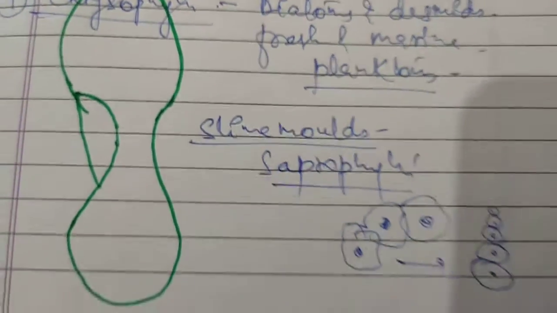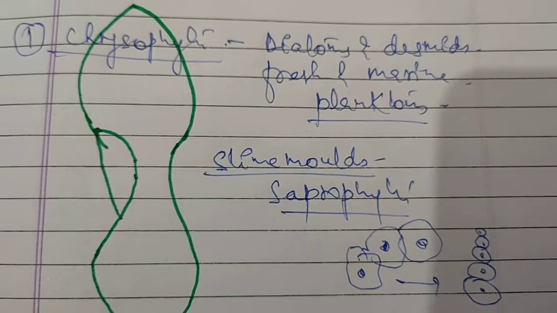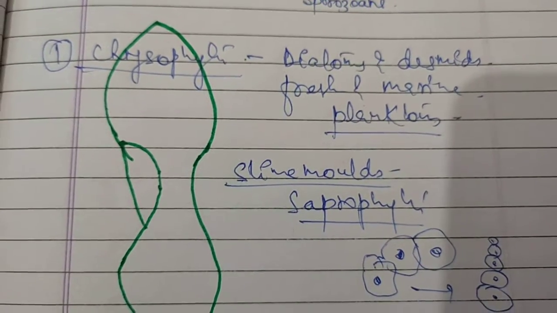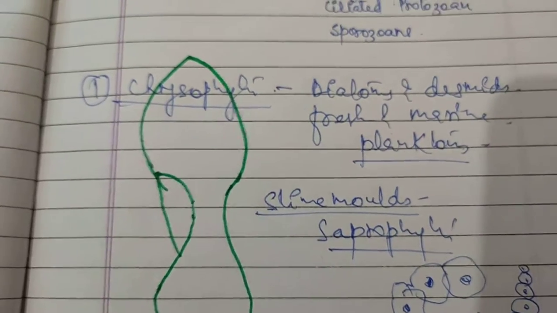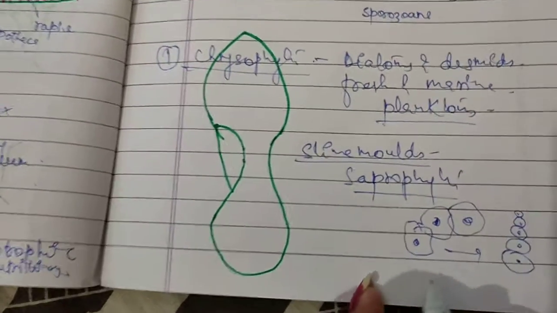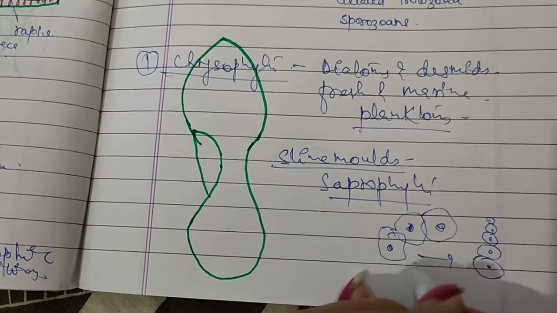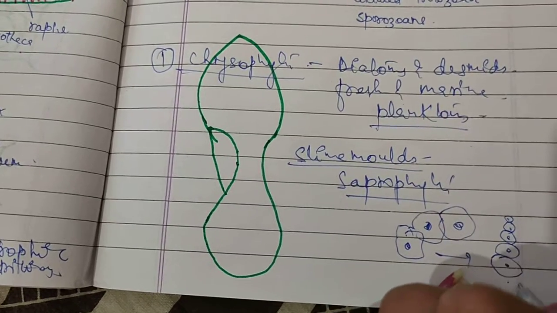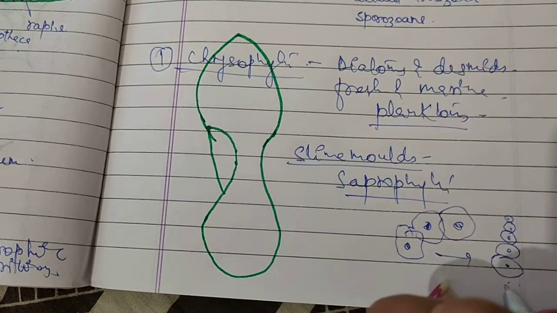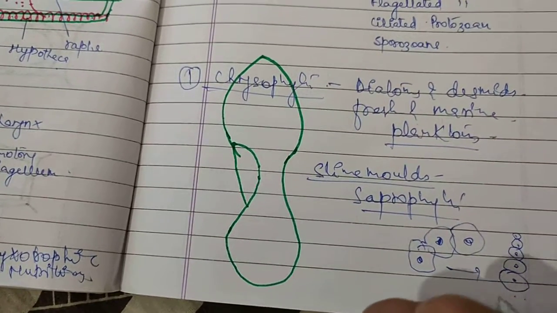The spores possess true walls and they are extremely resistant and survive for many years, even under adverse conditions. So in unfavorable conditions they make fruiting bodies which bear spores that can survive for many years.